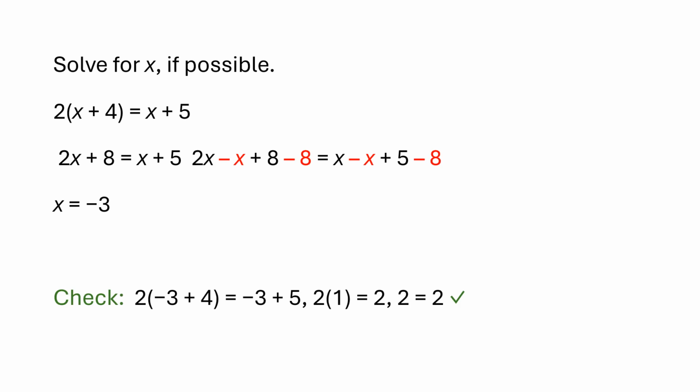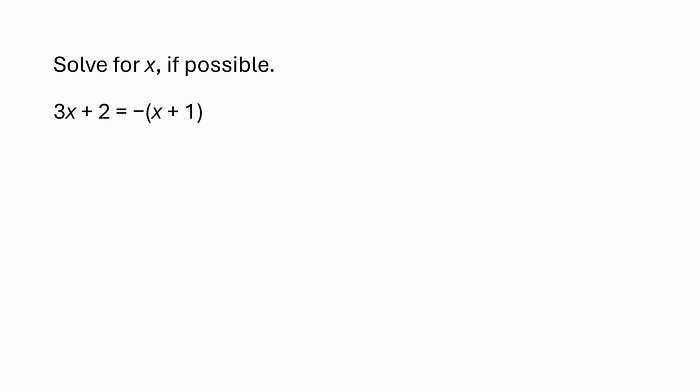So 2 times -3 plus 4 is -3 plus 5. Let's see if that works out. 2 times 1 equals 2. 2 equals 2. Yes, this one is checked.